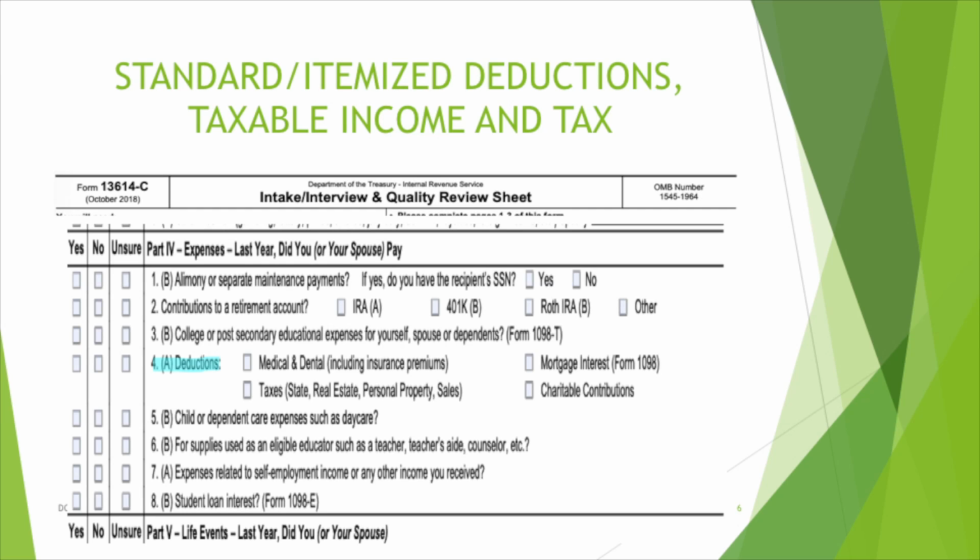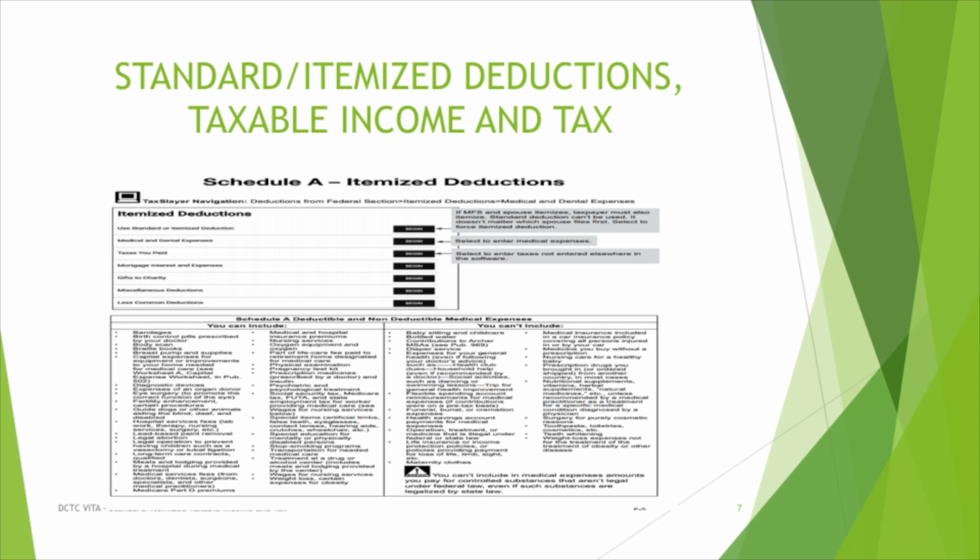Now, Publication 4012, pages F3 through F11 provides a screenshot of TaxSlayer and interviewing tips for your use. Publication 4012, page F3, shows a TaxSlayer screenshot of itemized deductions, as well as what items can and cannot be included as medical expenses.